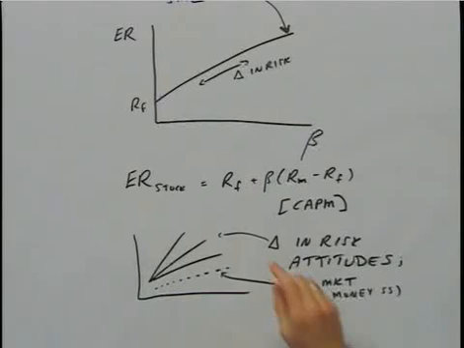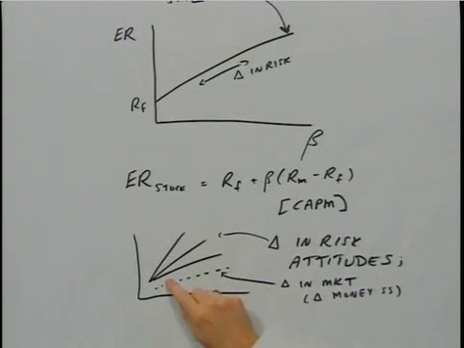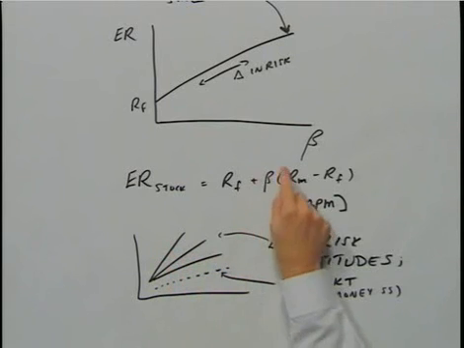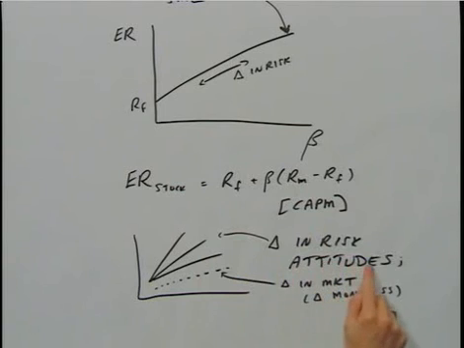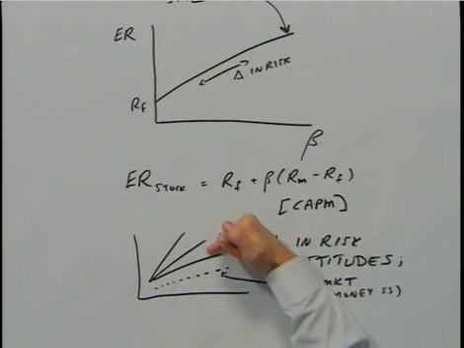Let's have a look at a couple of changes that could happen with this line. The first one is that the slope of the line could change. The slope of the line is actually this beta item. And as people's attitudes towards risk change, as they require more compensation for taking on more risk, they would expect a more steep line.